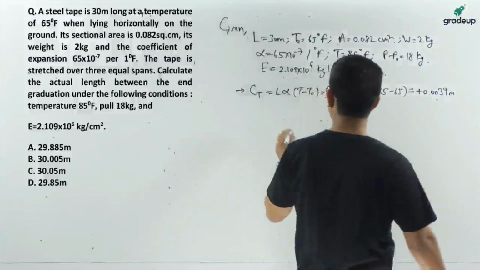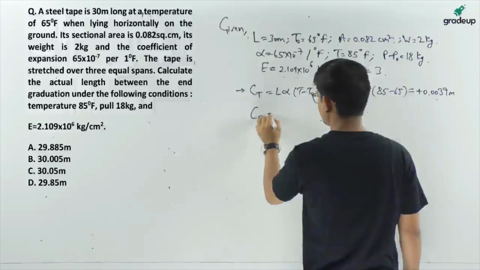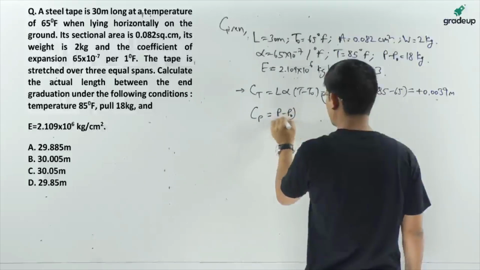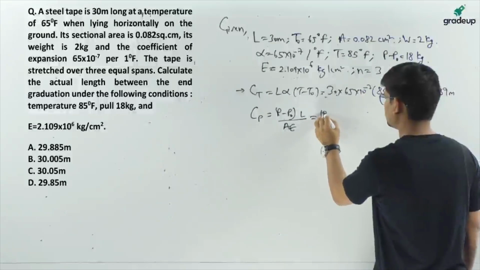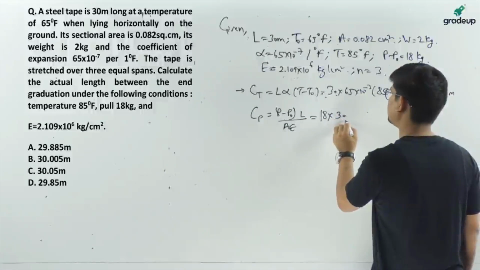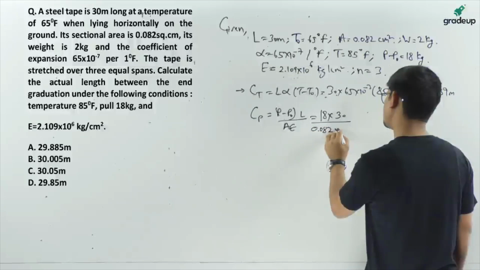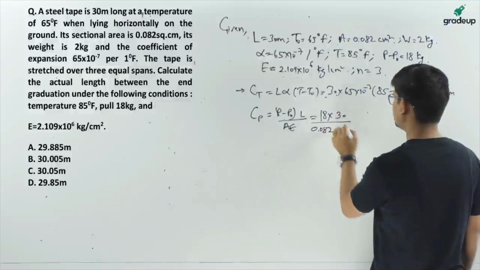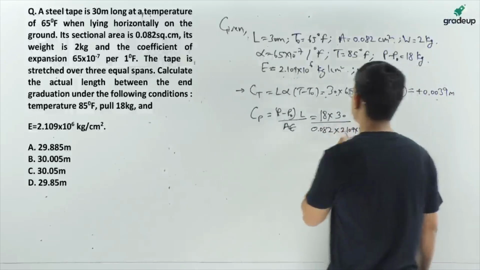Now the second is the correction for pull, Cp. It is P minus P naught into L upon AE. So it is 18 kgs, length is 30 meters, divided by area 0.02 square centimeter, and E is 2.109 into 10 raised to the power 6 kg per centimeter square.